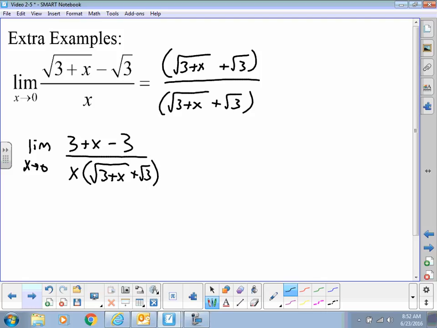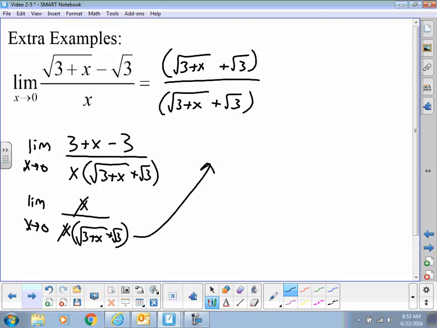The 3 and the negative 3 add to 0, so we'll have now the limit as x approaches 0 of x over x times our conjugate. The x's cancel out, and now we have the limit as x approaches 0 of 1 over square root of 3 plus x plus square root of 3.